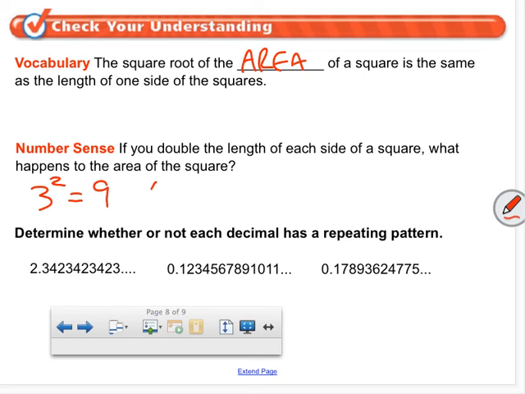So now I have 6 squared. What is 6 squared? 36. Okay, so now I'm going to double my square that was 6 by 6. What's the new square's dimensions? 12 by 12. So if I find the area of that square, what's it going to be? 144. Do you see a pattern emerging?